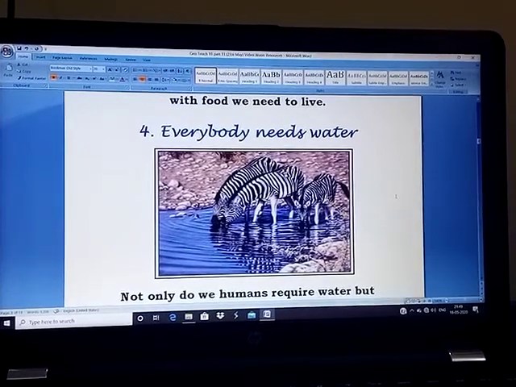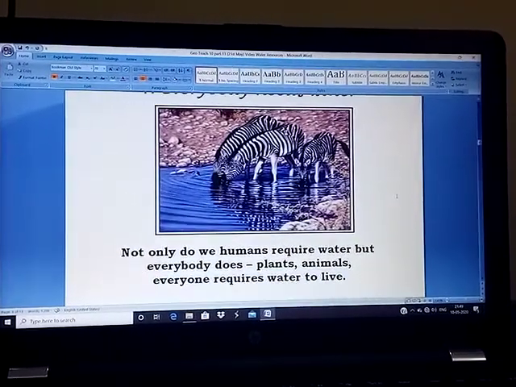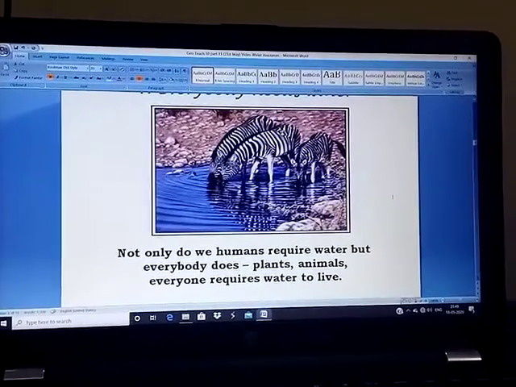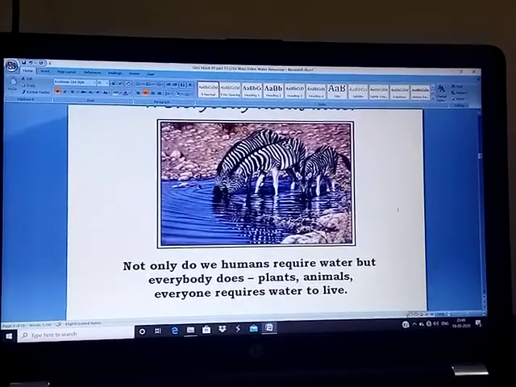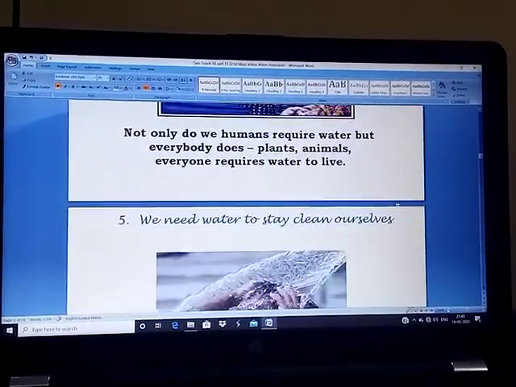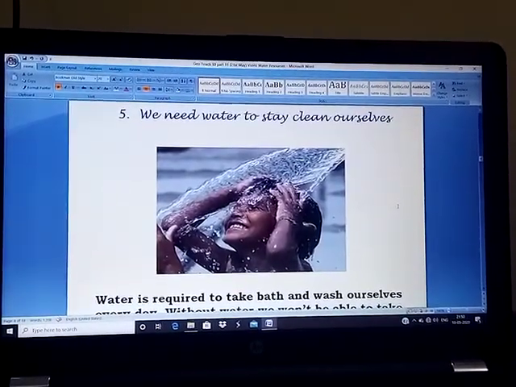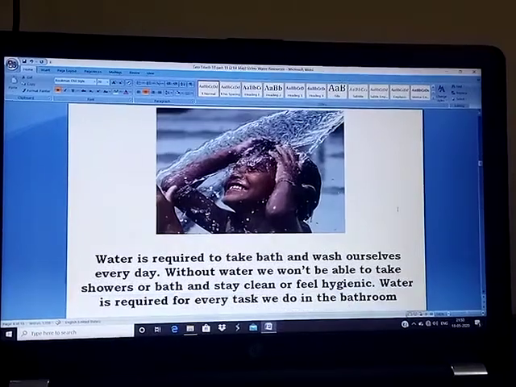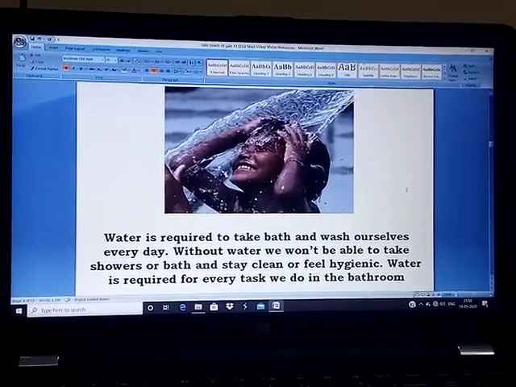Everybody needs water, not just human beings or animals, plants. In fact, all types of animals, not only we human beings require water, but everybody does. The plants, the animals, everyone. We need water to stay clean ourselves. You can see water is required to take bath and wash ourselves every day.